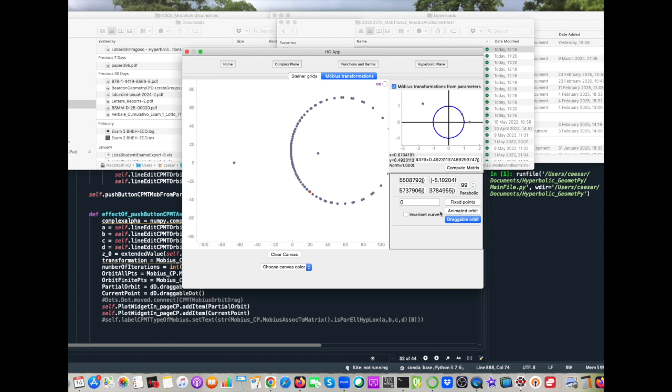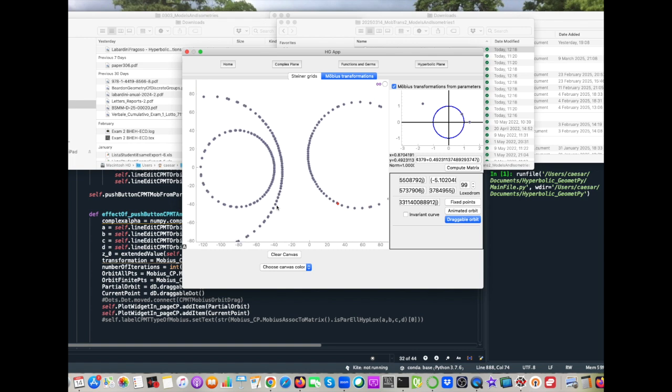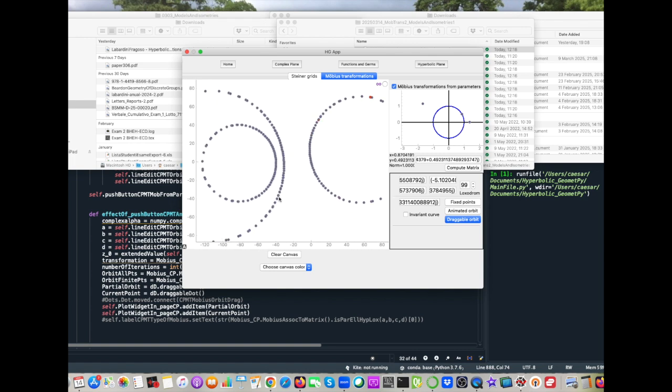Okay, enough. Here, let's move a little bit. I cannot grab it.